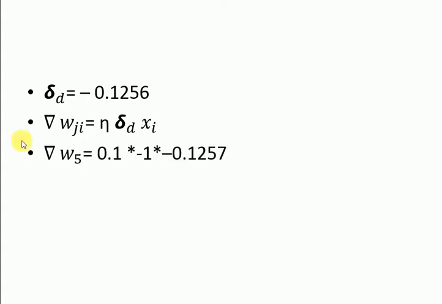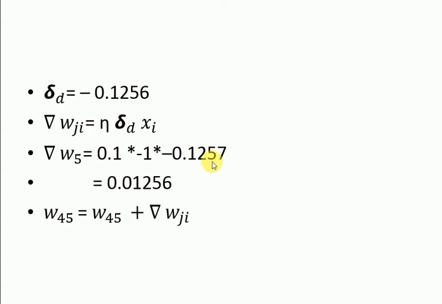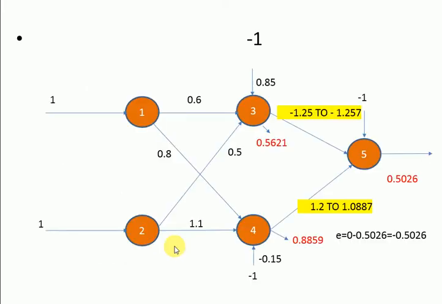So the derivative is 0.1 into minus 0.1256 into minus 1, so it is 0.01256, and this is equal to 0.35 plus 0.01256, and we get this new term. So 0.35 changes to 0.3625.